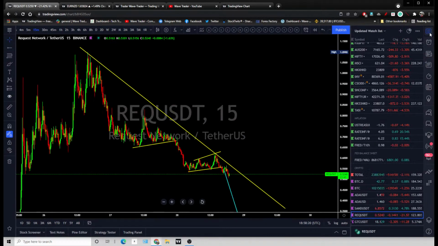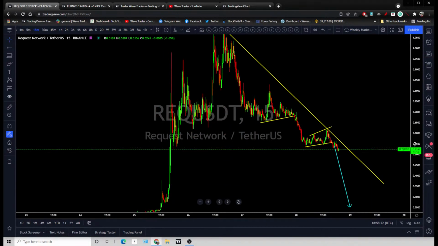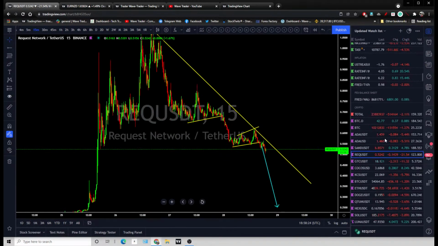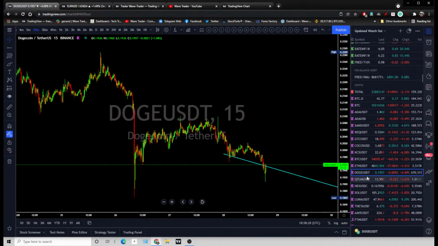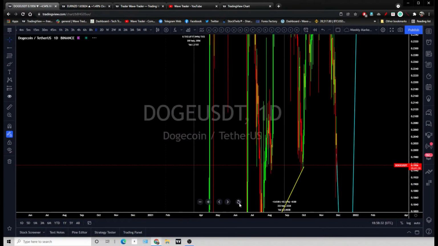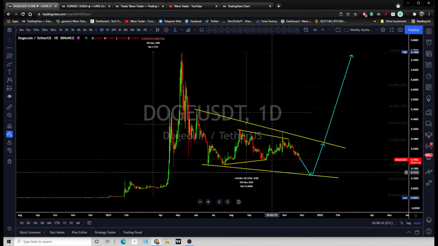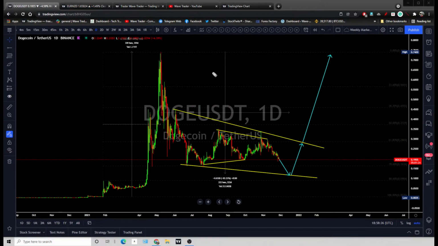Request is just dropping. All right, once Request, let me bring another chart for you. Dogecoin first. Okay, when coins start forming this kind of pattern formation, they rise, they go higher, and they start dropping slowly and start forming this kind of pattern, a wedge. That means people are accumulating coins.